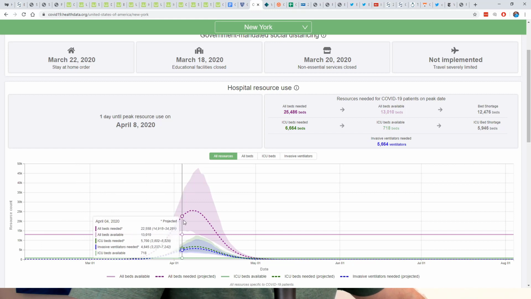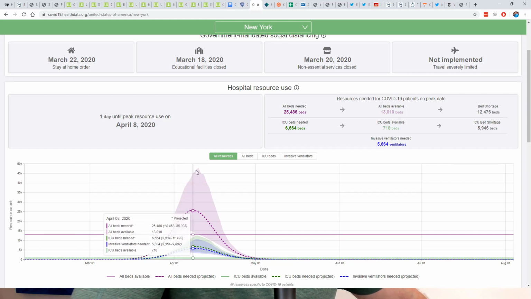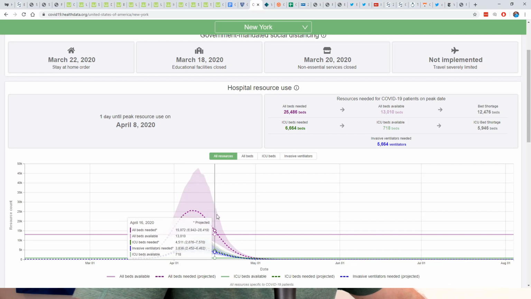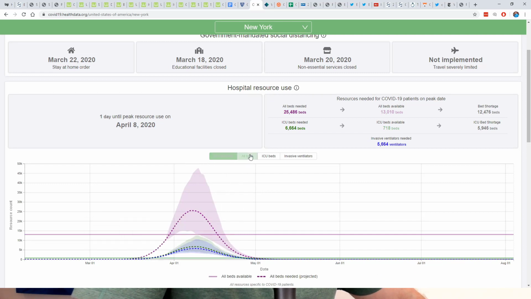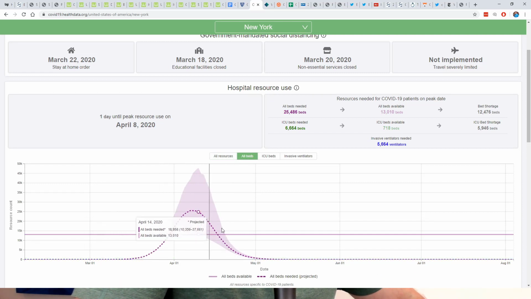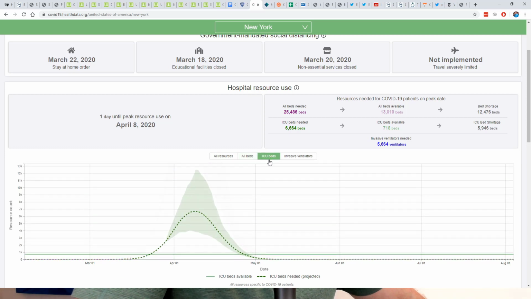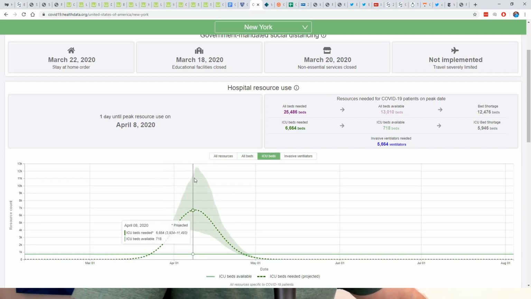This is all beds needed. So you can see we're still within, this is our limit up here. Okay, this is our limit for all resources. So we're still way within our limits on this curve. Let's look at all beds. This is beds. Let's look at ICU beds. So when we go outside of this curve here, this shadow, this is where we're going to be having problems, right?